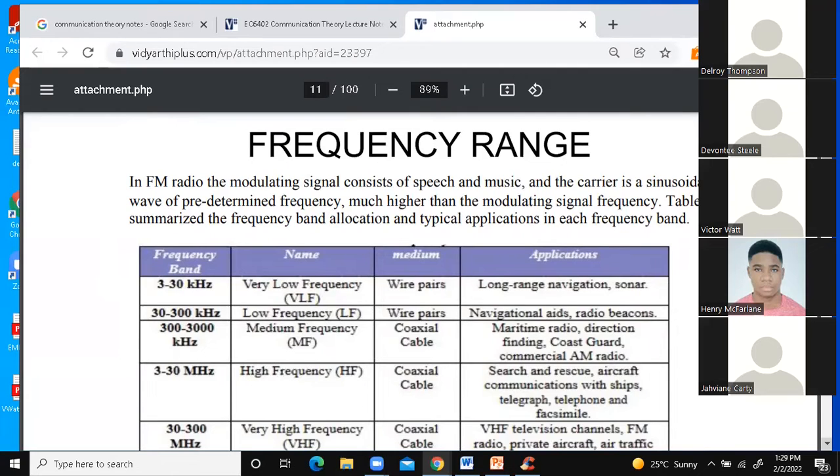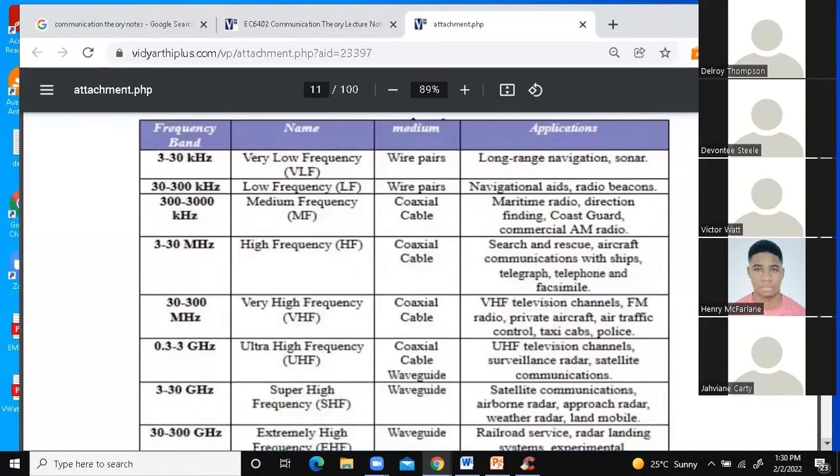The modulating signal consists of speech and music, and the carrier is a sinusoidal wave of predetermined frequency, much higher than the modulating signal frequency. So look at the table.